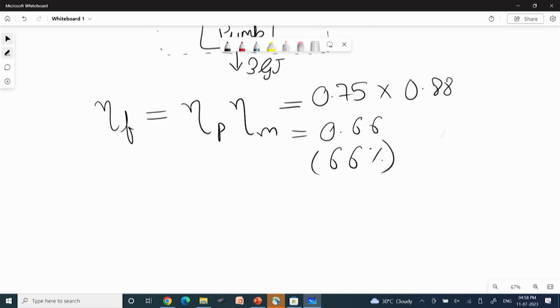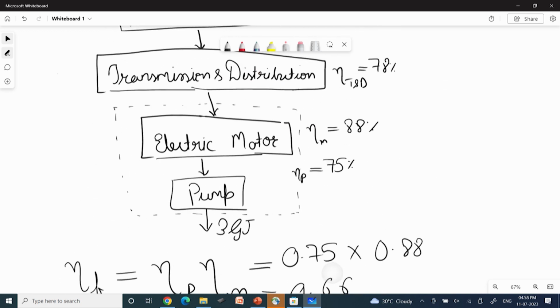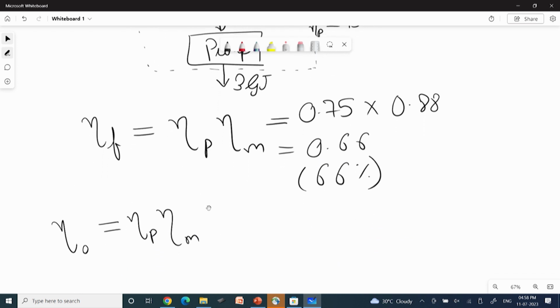But if you look at the overall efficiency of this process, which is eta overall, this would include all the different factors: eta pump, eta motor, multiplied with the transmission and distribution, then the power plant and then the coal mining.